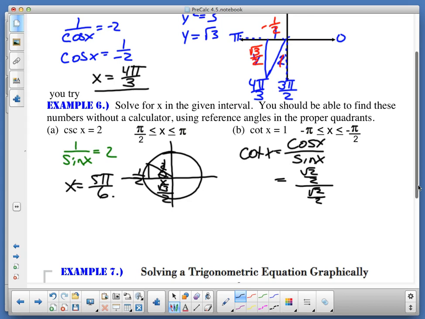So there's only 2 places that these can be. They're either both in the first quadrant, or they're both in the third quadrant, because it's positive. Here, they're saying that it's got to be between negative pi over 2 and negative pi, third quadrant. They're saying it's in there, okay, when I'm looking this over.